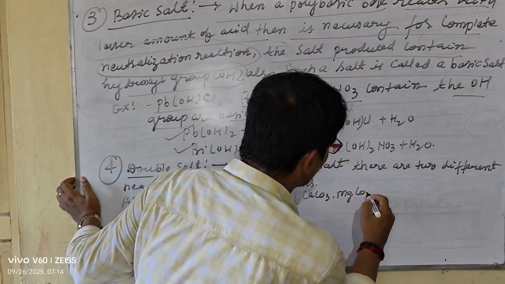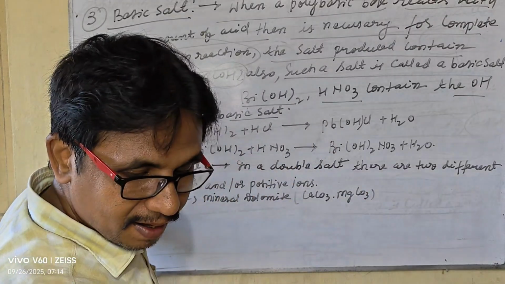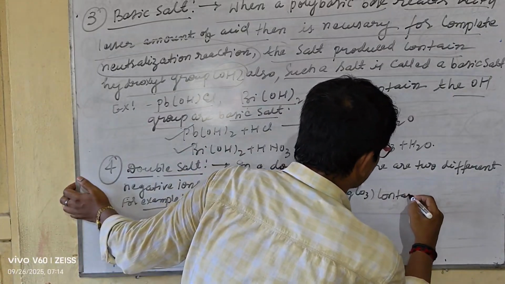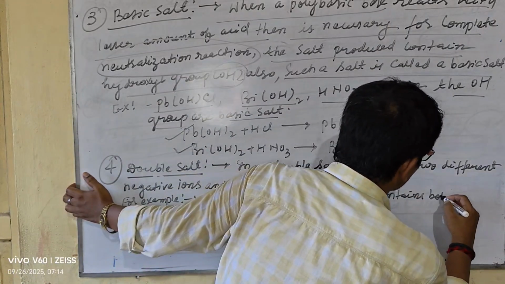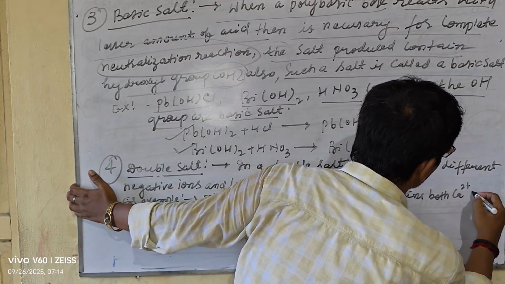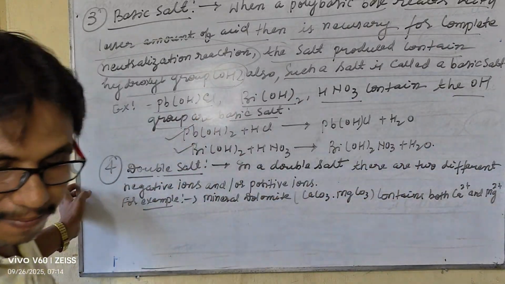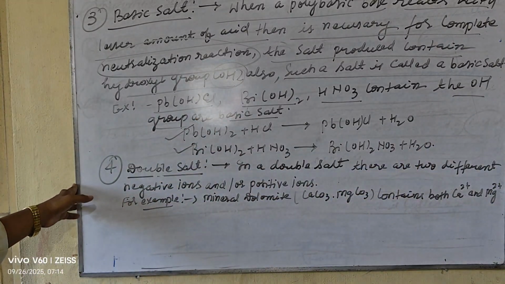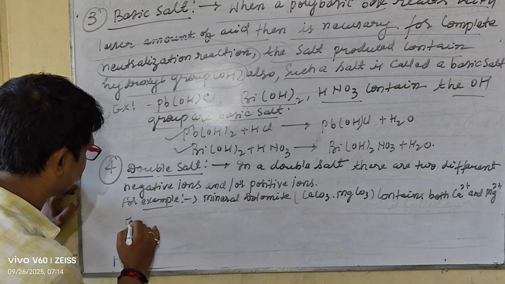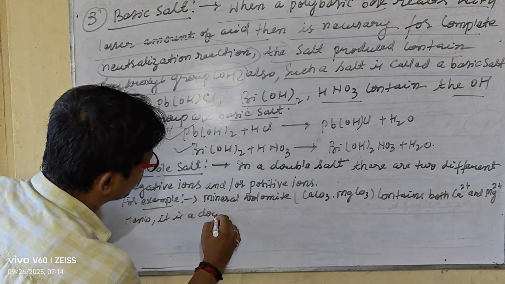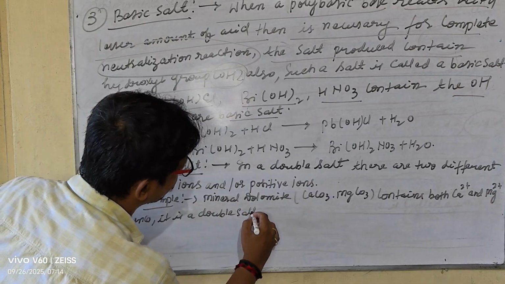It means two salts are in one. It contains both Ca2+ and Mg2+. Hence, it is a double salt.